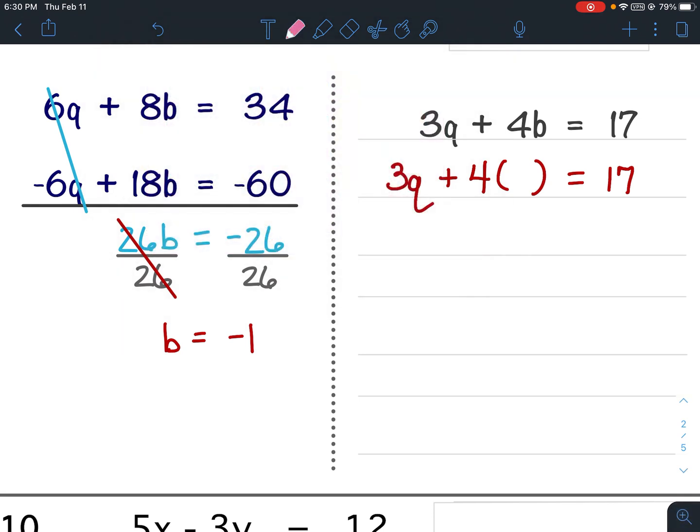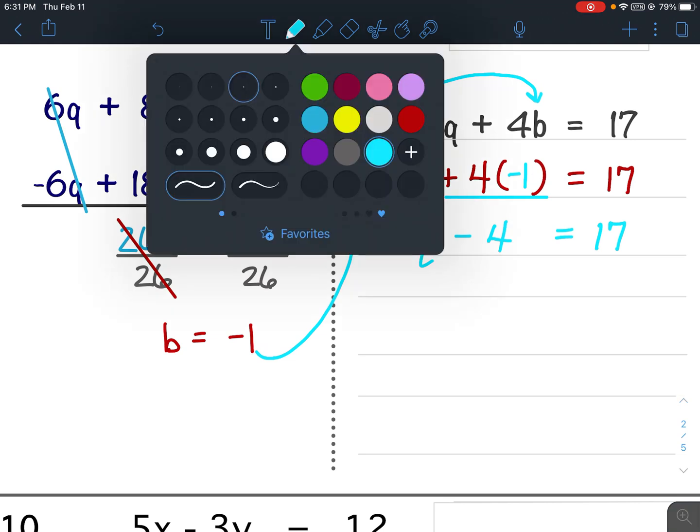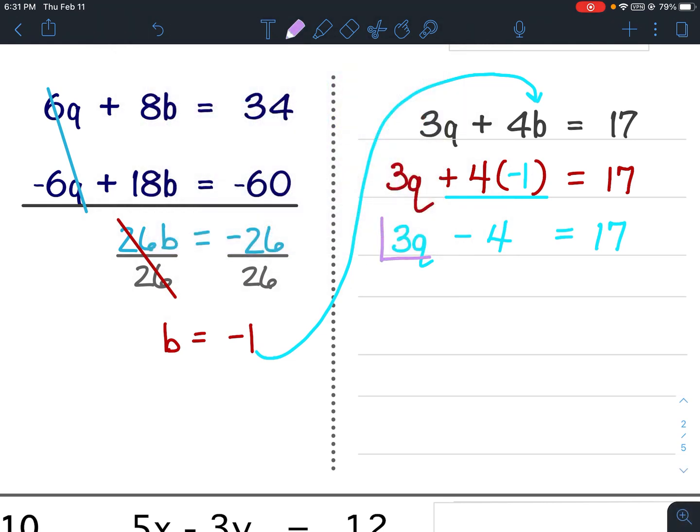And negative 1 is going to go in for the b. And once I put the negative 1 in for b, I'm going to start with my multiplication. So I'm going to have 3q, 4 times negative 1 would be negative 4, and then equals 17. Once I've multiplied, I'm left with a two-step equation. So I'm going to box my variable term.